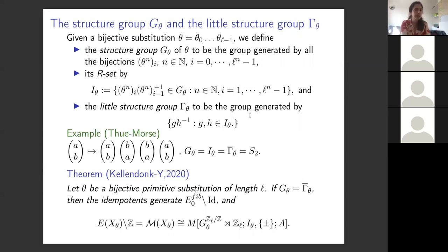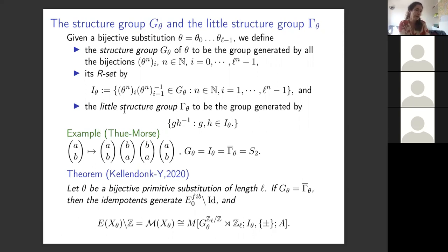Okay, so let's do an example for those three. If I go back to the earlier example, G theta is going to be the group generated by all bijections theta to the n of i. I've written the substitution like this now, so it's much easier to see. Here is the identity map, and here is the map which flips A and B. So G theta is S2, right? That's why I had an S2 in my previous slide.